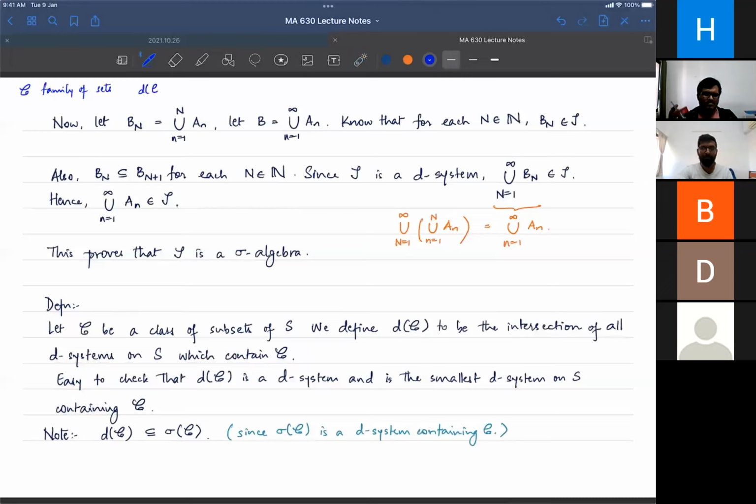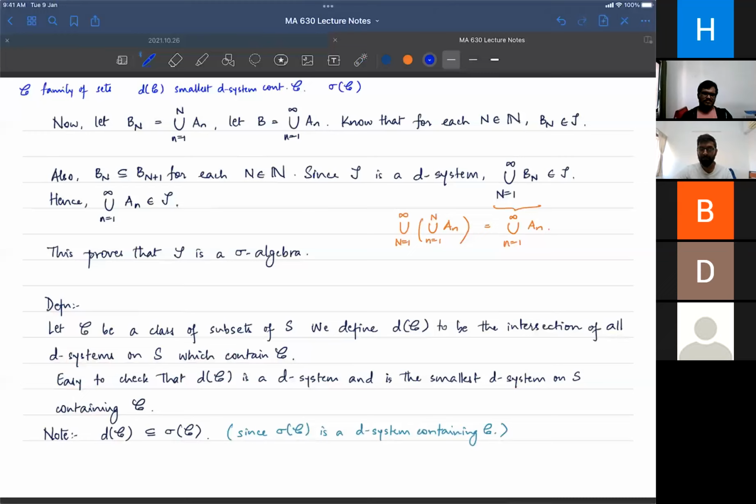D of C is the smallest, not sigma algebra, sorry, smallest D system containing C. Agreed?